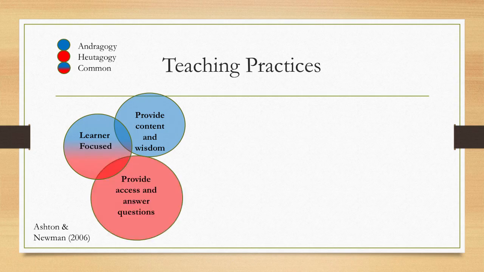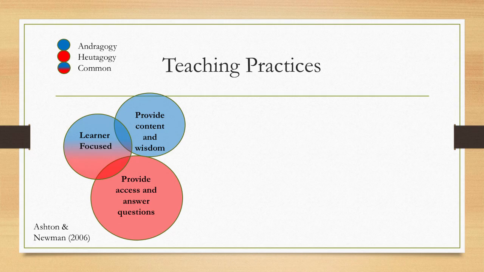And in comparison, in Heutagogy, you're most likely working with an adult population that has some concept of where and how the issues can be addressed, and taking into account that there is still that learner focused, there's still an instructor or a mentor or a guide, but they're not there to provide so much content and wisdom.